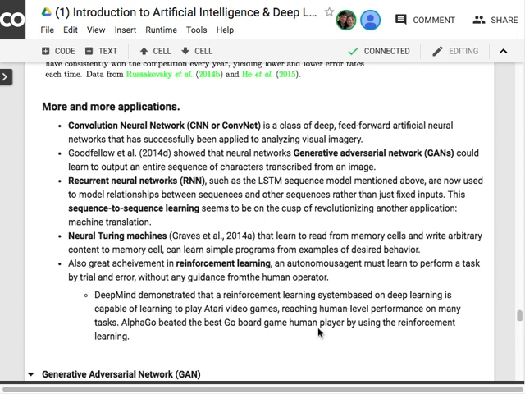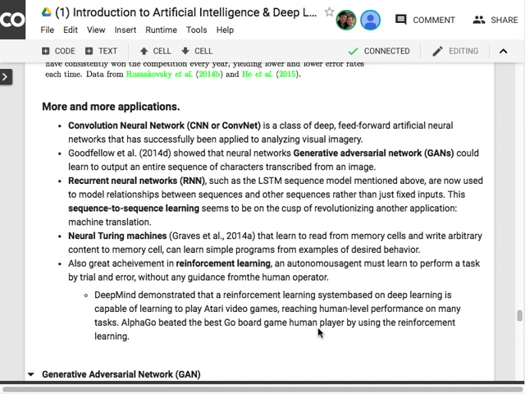The first algorithm is called convolutional neural network, or ConvNet. This class is very successful in analyzing images. You will learn it very soon. The second one is generative adversarial networks, or GAN. It can learn the output of an entire sequence of characters described from the image. They can generate things.